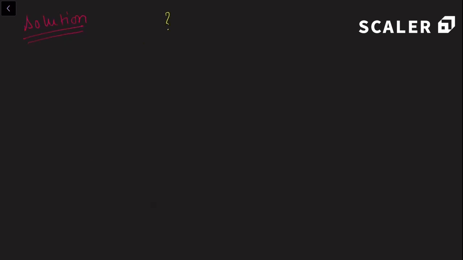Now let's say we are again given the same string, and this time we need to create an algorithm to solve this problem. So let's start with brute force. What I'm thinking to do here is say that this is my left pointer and this is my right pointer, and I'll assume that my left pointer is an opening bracket.